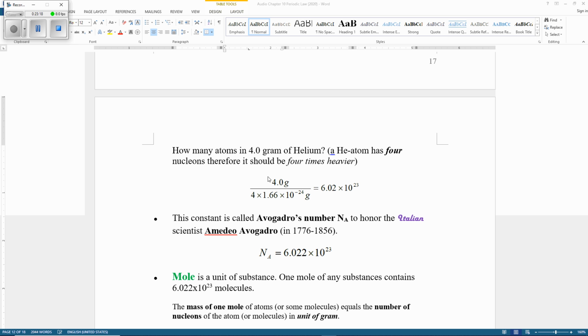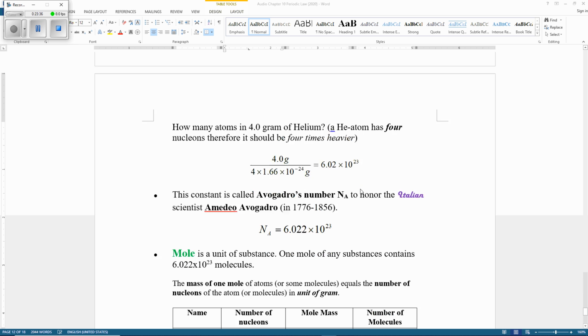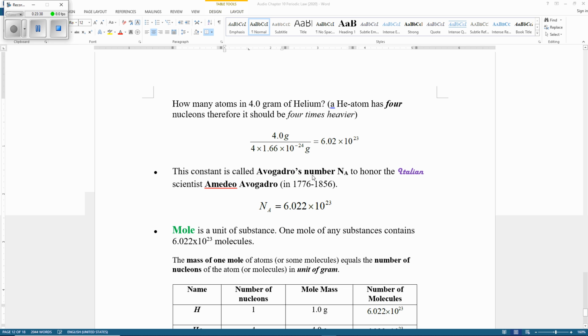If you use 4 grams divided by the mass of 1 nucleon, that's totally 4 nucleons, of course it gives you the same number. And this number, 6.02 times 10 to the power 23, we call the Avogadro constant or Avogadro number, Na.